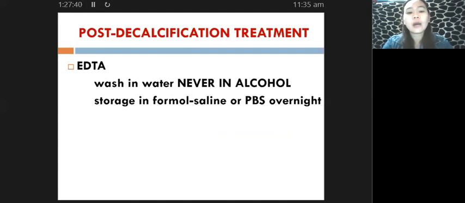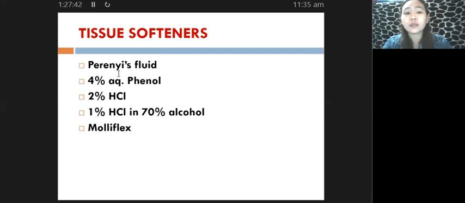So another post-decalcification treatment that we can perform is tissue softening. When we say tissue softening, of course, it would require the use of tissue softeners. So when do we perform tissue softening? Tissue softening is performed for unduly hard tissue samples that require decalcification.